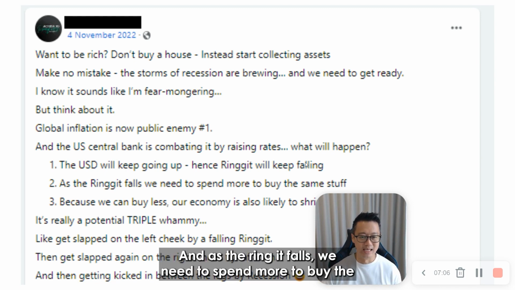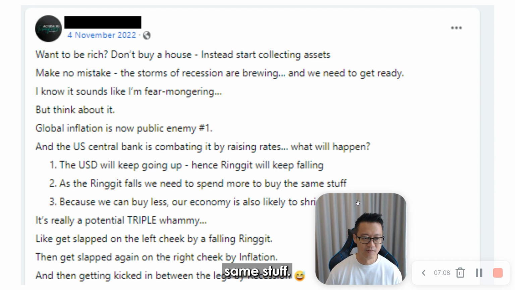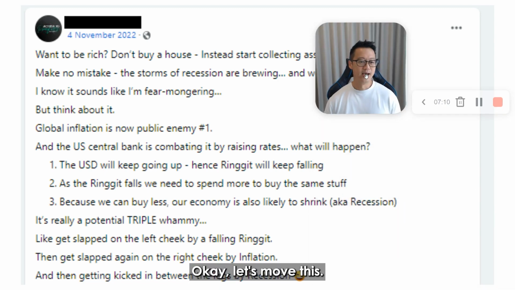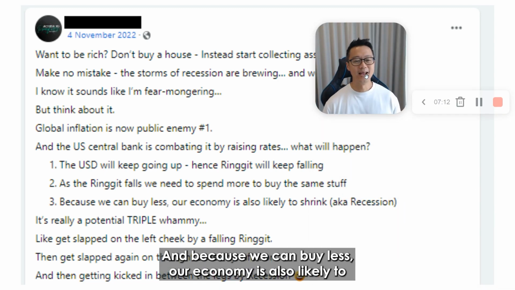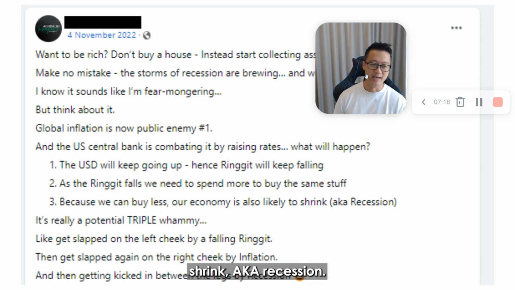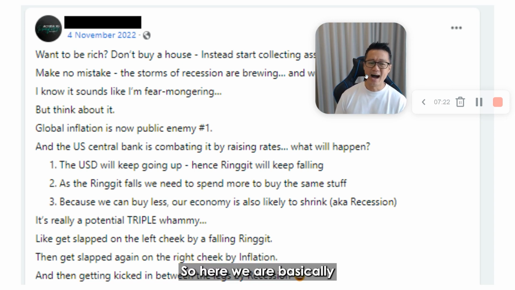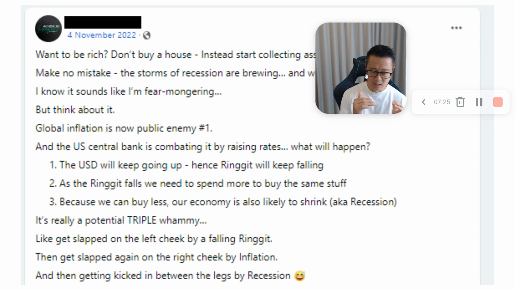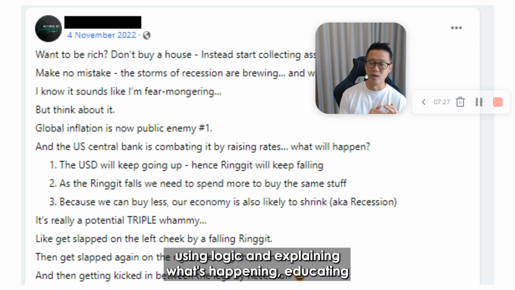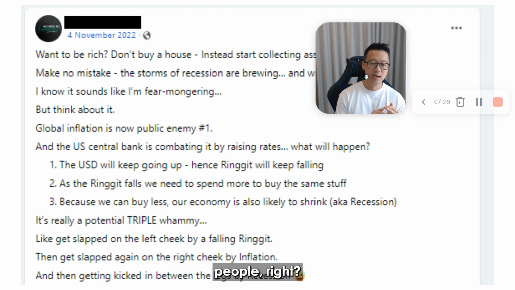And as the ringgit falls, we need to spend more to buy the same stuff. And because we can buy less, our economy is also likely to shrink, aka a recession. It's really a potential triple whammy. So here we are basically using logic and explaining what's happening, educating people, right?